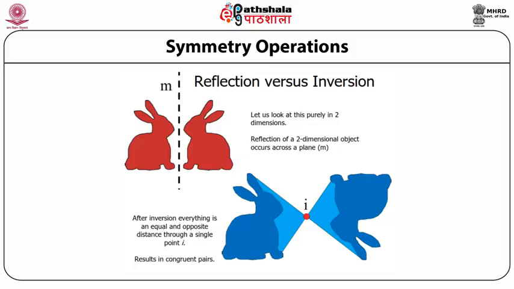So in the reflection symmetry, there was a plane. Here it is a point, as you can see in the center at the eye, with respect to which everything is inverted. So you can see the rabbit has gone upside down. So that is just to illustrate the difference between reflection symmetry and inversion symmetry.